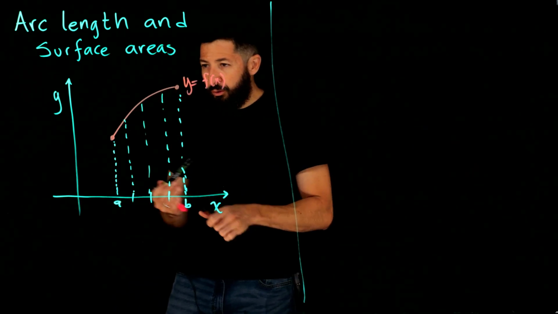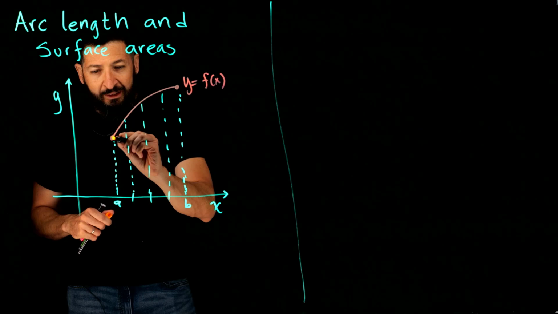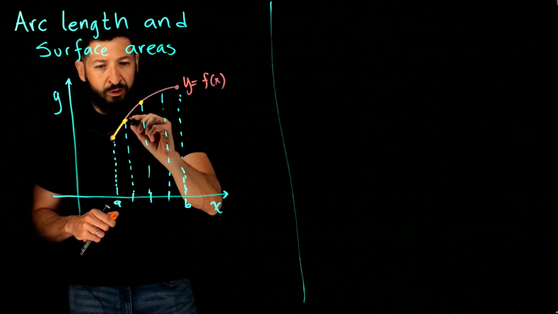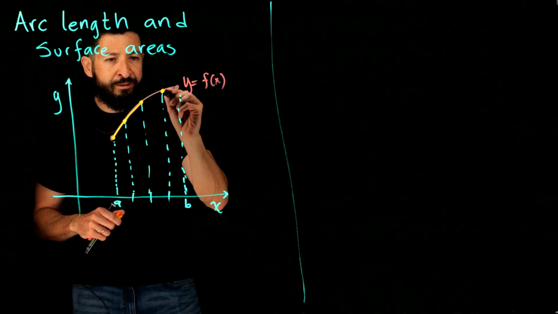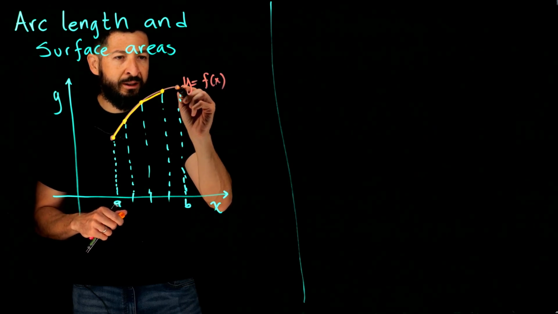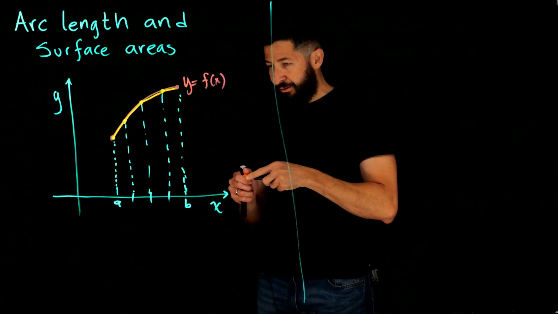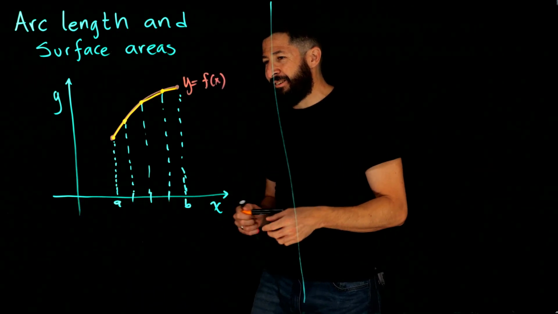And you could do the following. You could just draw a straight line between the 2 points. Then here you draw a straight line, and you're going to be off by a little, but you will be getting an approximation.